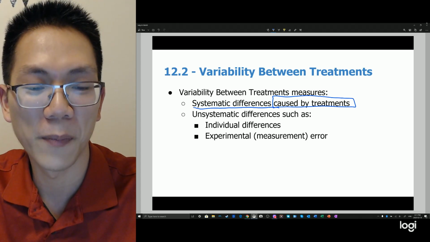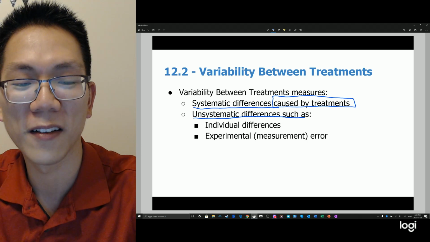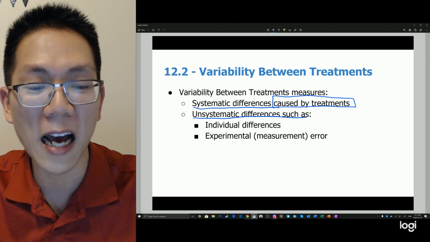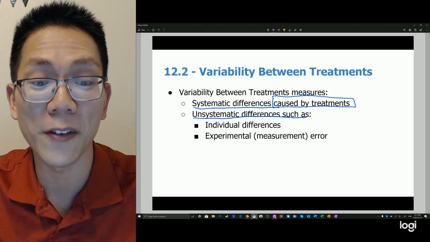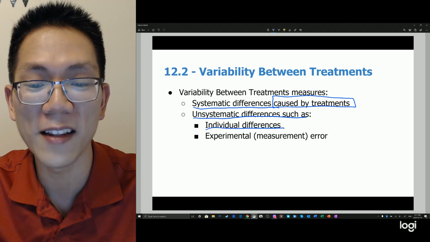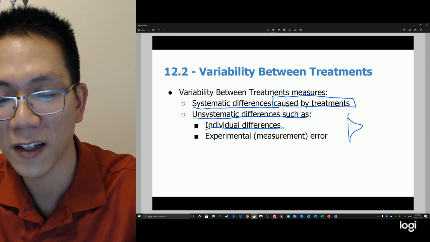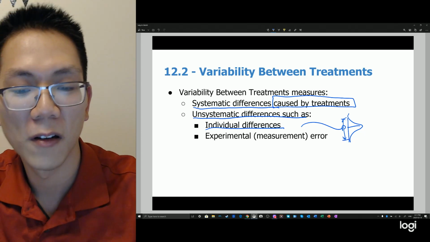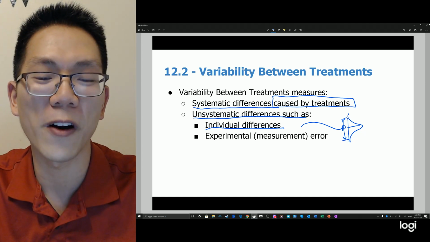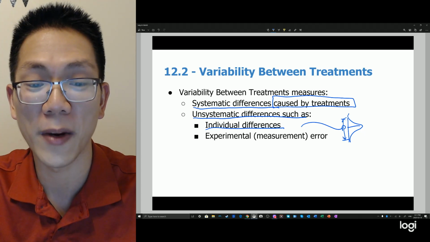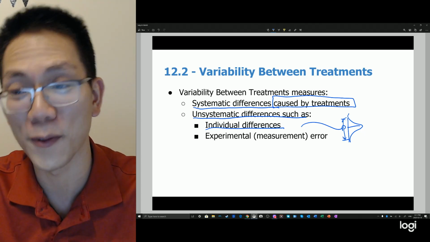That's between groups variability. Okay. These would not be the unsystematic differences, which would be individual differences. Again, those are the spreads, like these ones here, the spread itself, or any type of experimental or measurement error done by the experimenter themselves.